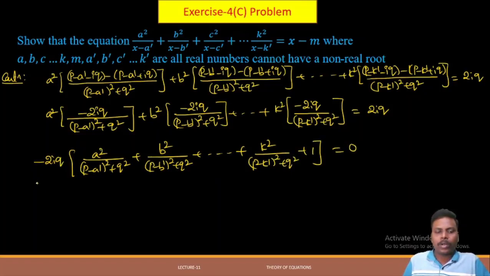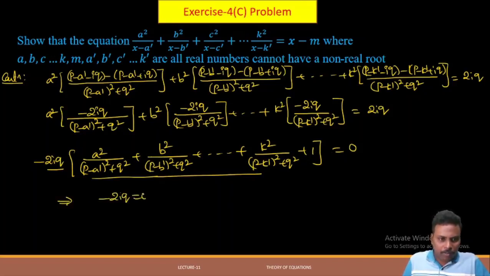Here the product of two terms becomes 0. This implies either this is equal to 0 or this term is equal to 0. Anyway, this term cannot be 0 because it contains all the square terms plus 1. This cannot be 0. This implies minus 2iq is equal to 0, implies q is equal to 0.